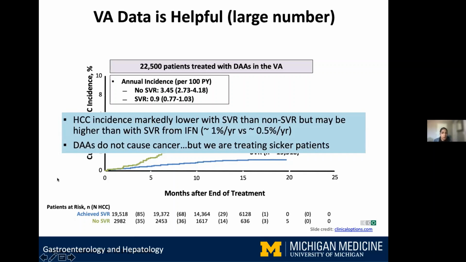So markedly lower. And DAAs also do not cause cancer, but it's important to keep in mind that in some practices, we are treating sicker patients. Now, the vast majority of patients who are younger are not likely to have advanced liver disease. So this is really a caveat in terms of thinking about patients who, again, in their pre-treatment assessment have evidence of advanced liver disease.